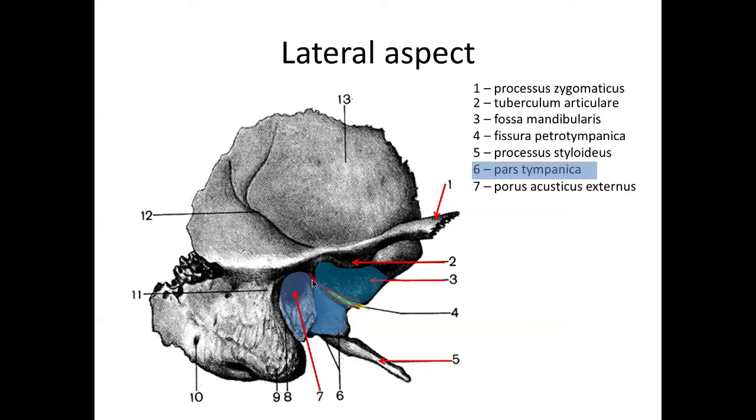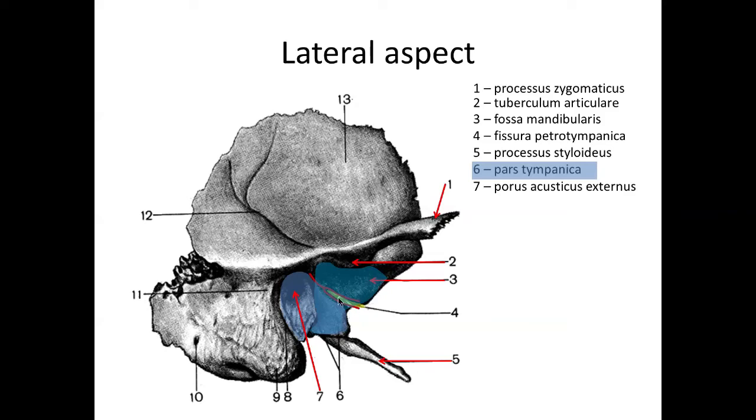So we can see here that fissura tympanosquamosa, fissura pietrosquamosa, and fissura pietrotympanica, they are divided the single mandibular fossa into two different regions, posterior regions which belongs to the tympanic part and anterior regions which belongs to squamous part.